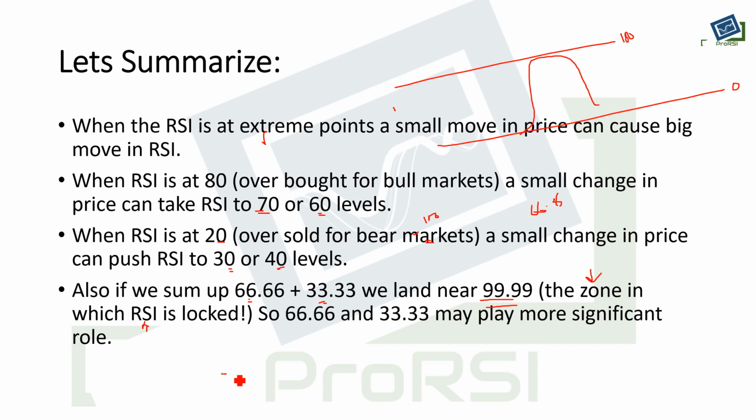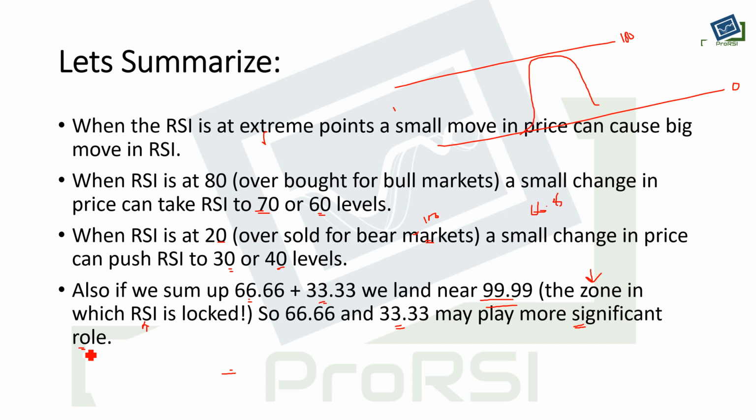So 66.66 and 33.33 may be more significant than the 60-40 levels, right? This is how the 60-40 levels were derived, because Andrew Cardwell generally started noticing that beyond 60, the RSI is facing resistance, the ratio is changing, and beyond 33.33, again the ratio is changing and RSI is facing resistance.